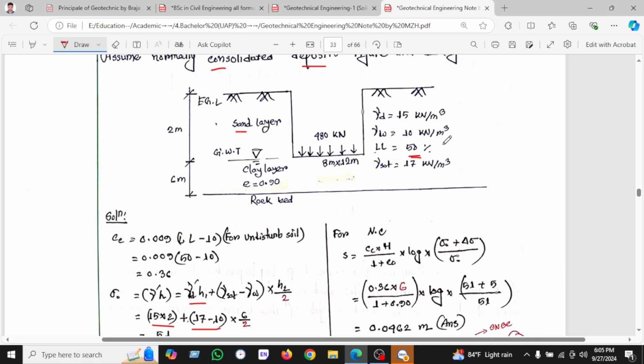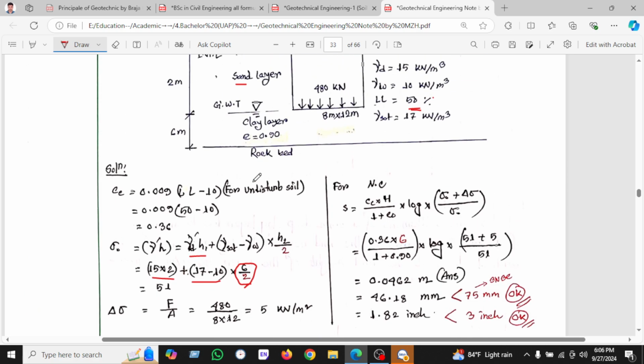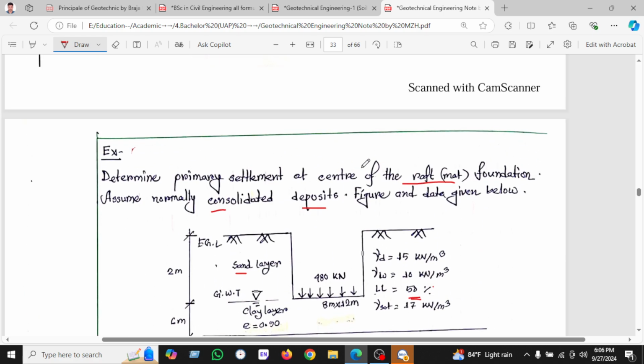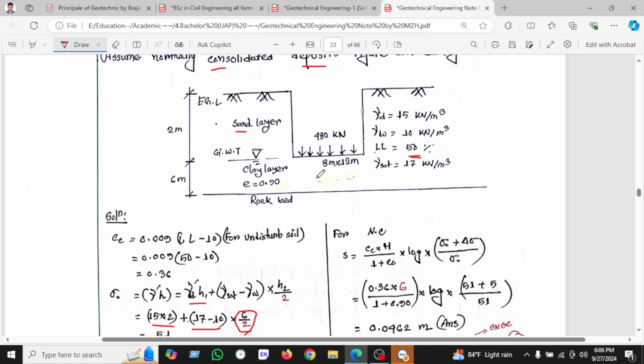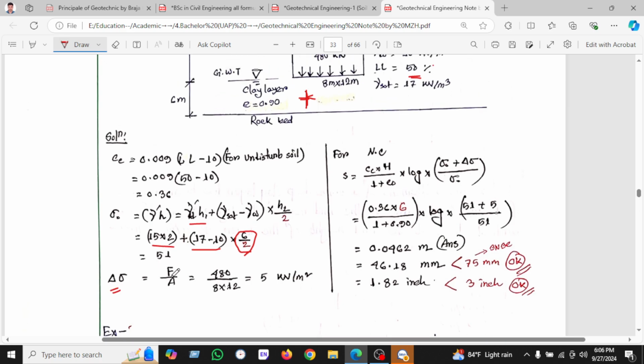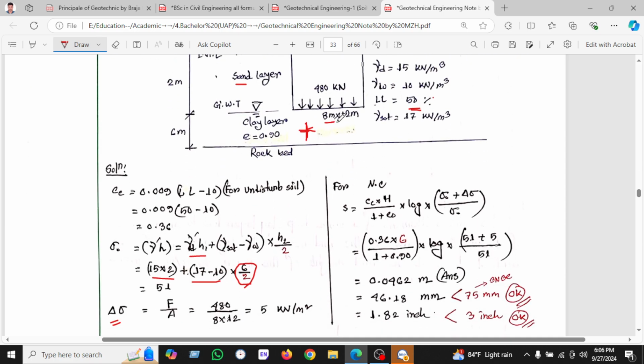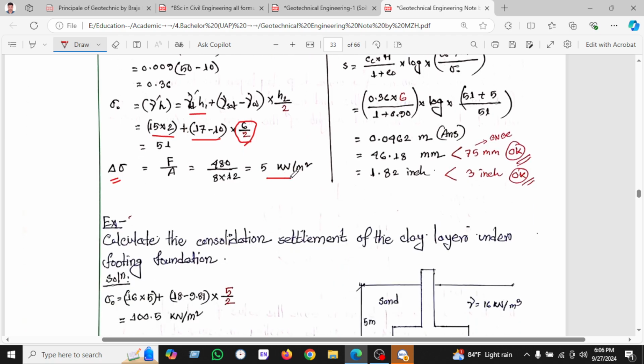So this is our water unit weight 10 being deducted here, and h is divided by 2. Why do we divide the second layer, 6 by 2? Because the settlement is always calculated in the middle of the layer, that's why we divide by 2. And stress, we know stress is force per area. Force is given 4 kilonewton, and area is 8 into 12, and we found 5 kilonewton per meter squared.